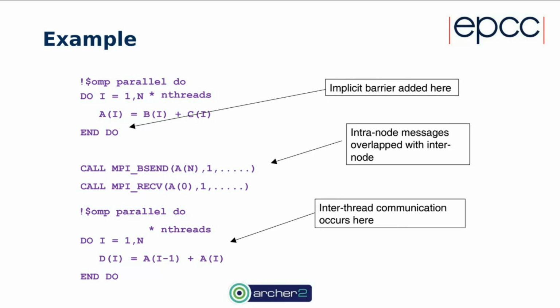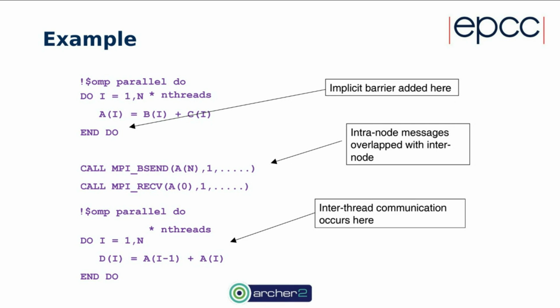But now that we've gone hybrid, the inter-thread communication is actually happening inside this loop. We will get some, because AI-1 here was probably written by a different thread than wrote AI up here, the corresponding element of A. So the thread reading AI-1 is a different thread than wrote the same element.